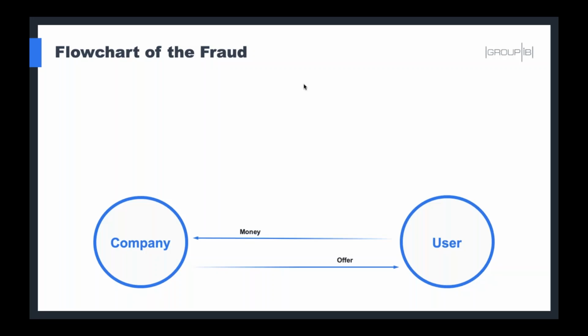At the very beginning, we have two entities, a company and a user, and they're trying to collaborate with each other. The company gives the offer, the user gives money, and this chain works awesome.